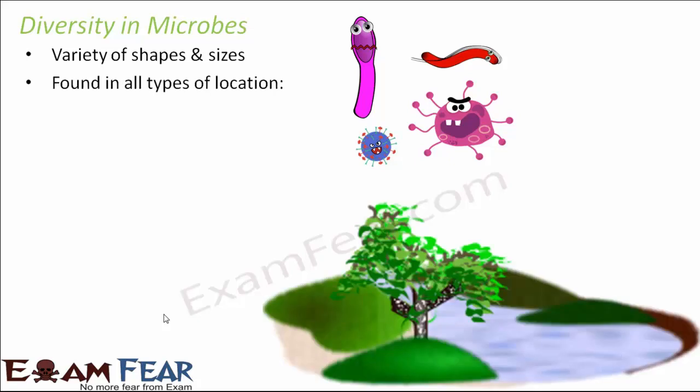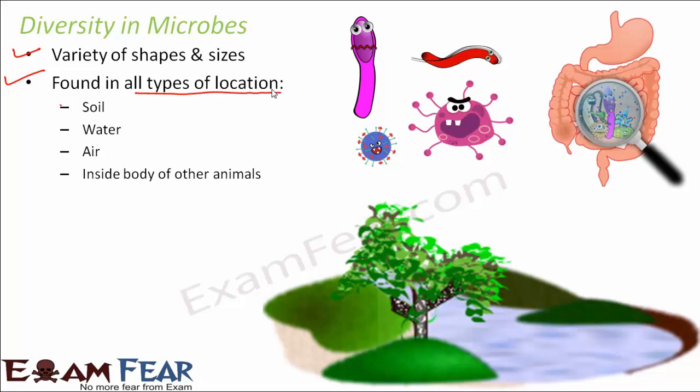The diversity is not only in terms of their shape and size, it also exists in terms of their habitat. That is, in what type of location do we find microorganisms. As we said, they can be found almost everywhere. You can find them in soil, in water, in air, and also inside the body of other organisms.